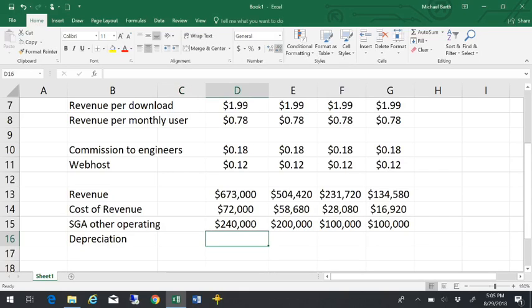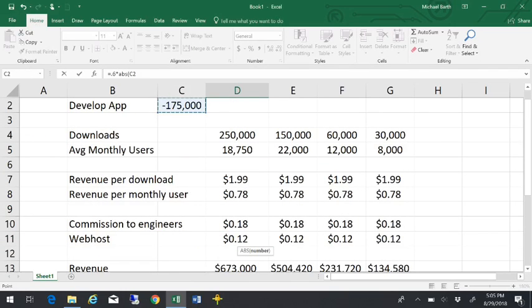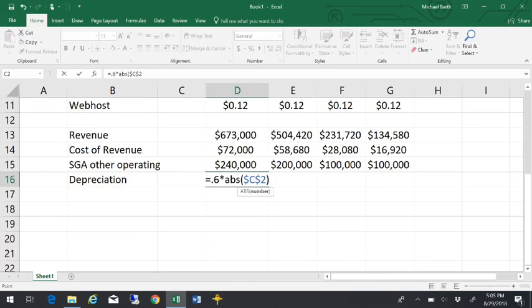In year 1, the proportion is 60%. So 0.6 times absolute value. I'm making everything financial statement looking numbers. Alright, so 60% of 175,000 the first year.